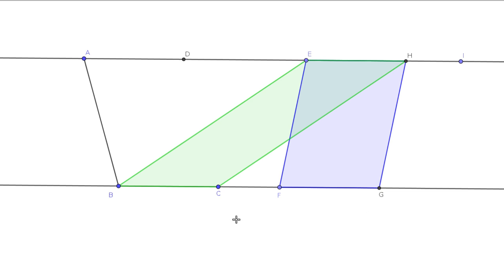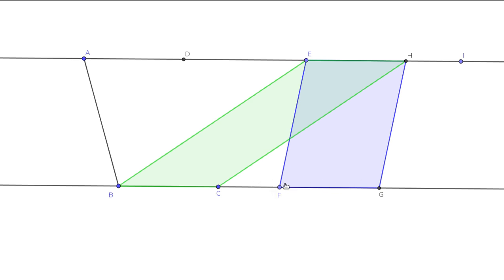All right, so now for the angle here, because we have CE parallel to GH, we know that our angle FGH is going to be congruent to our angle BFE because they are corresponding angles.